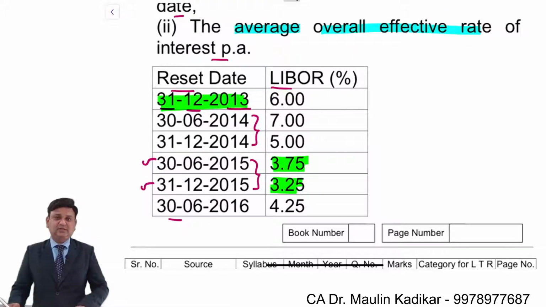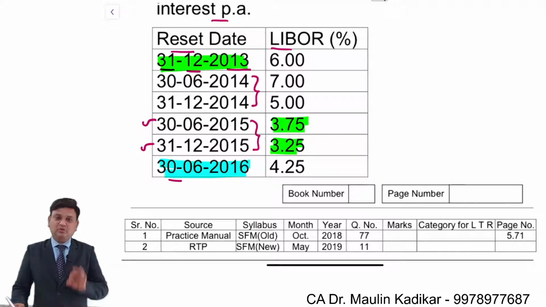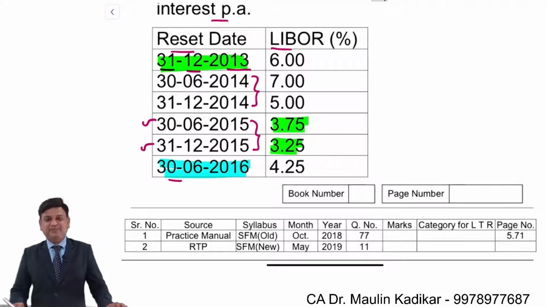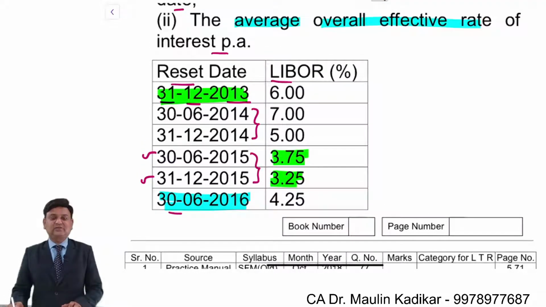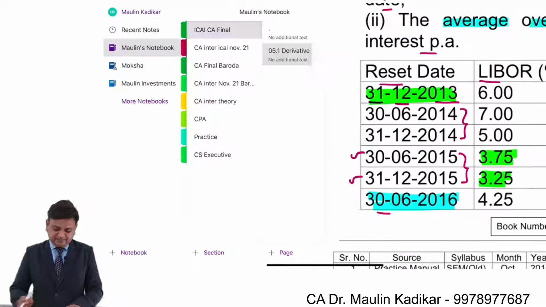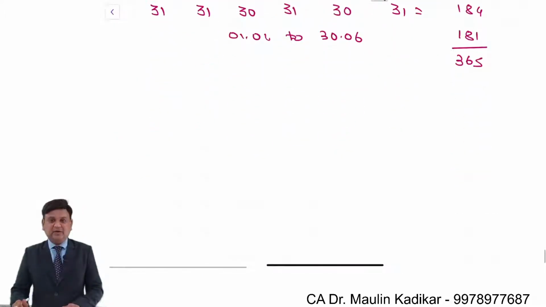This is the first thing. The second thing is that when you compute the number of days for the year 2016, which is a leap year, you have to be careful that you will take 182 number of days instead of 181 number of days. Okay. And coincidentally, in case of the cap, we don't receive anything. Otherwise, we may be provided with information wherein we are going to receive something.